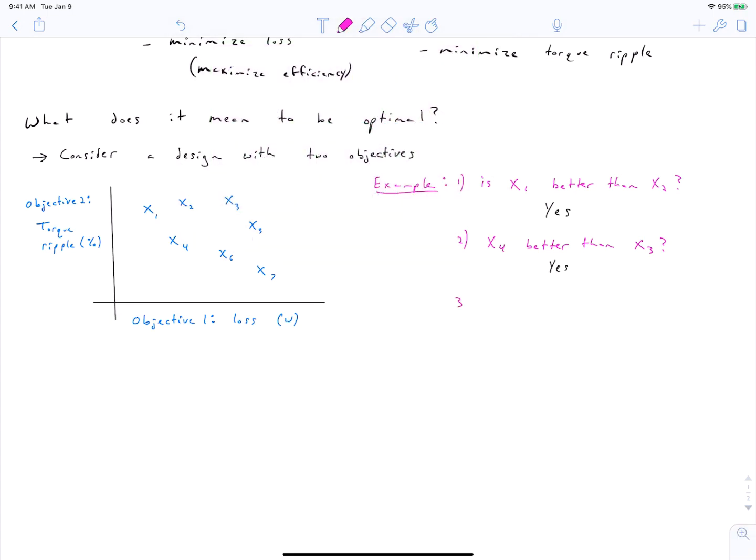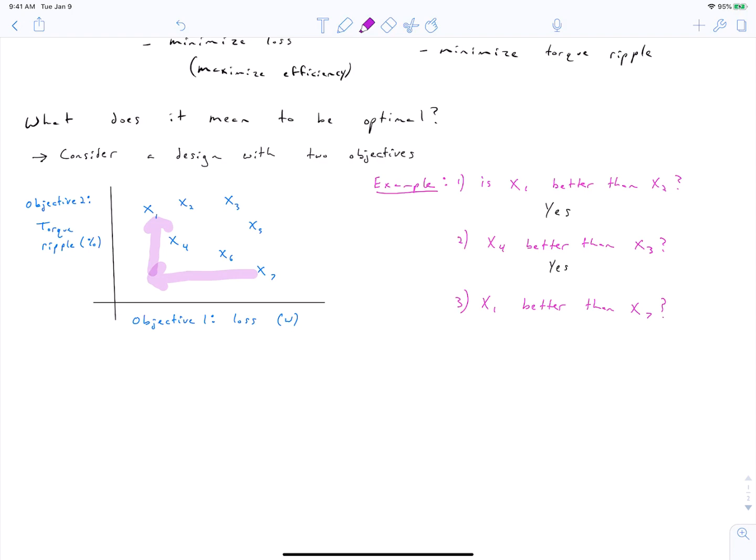But now I'm going to ask you something a little bit trickier. Is design X1 better than X7? If we look at this, we can see that X1 has clearly reduced the loss, but it's increased the torque ripple. So in one objective, we've improved. Between X1 and X7, X1 reduces the loss.